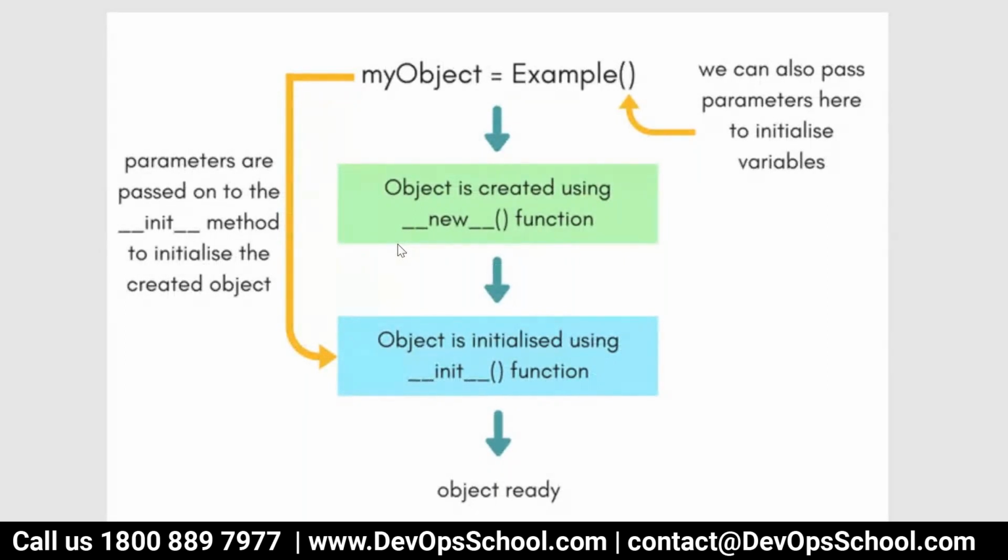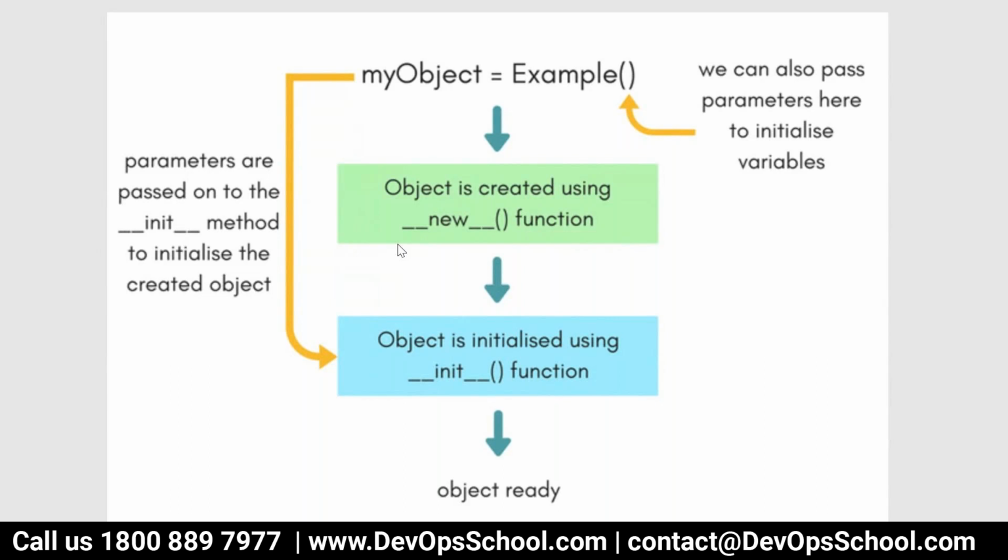This is my object. The class name is Example, and if you want to create an object, init is initialized using the init function, and before that the object is created using the new function, and the object is ready.